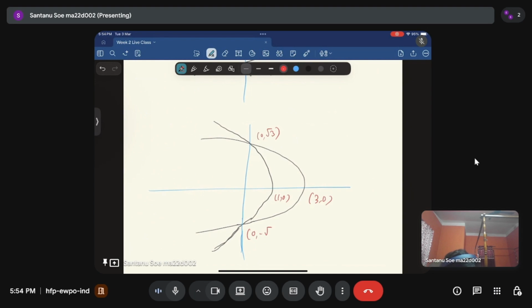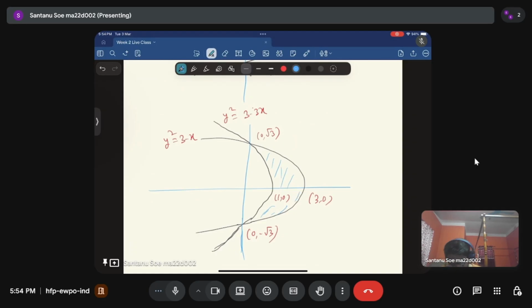This is (0, minus root 3), and this one is y square equals 3 minus x, and this one is, sorry, 3 minus 3x, and this one is y square equals 3 minus x. Okay, so this is the region.